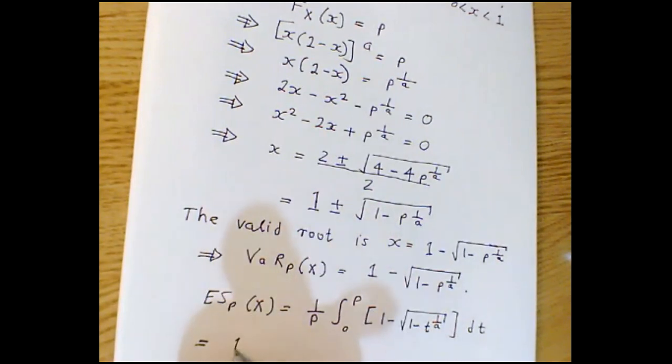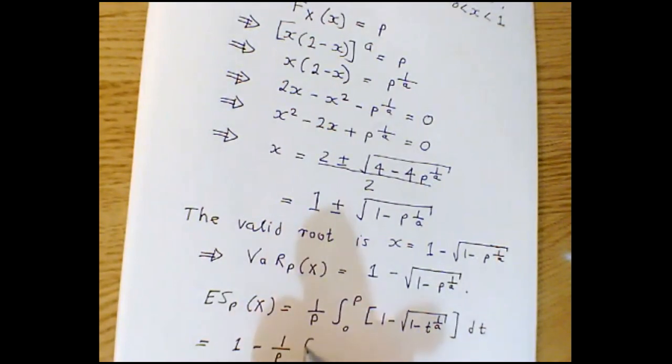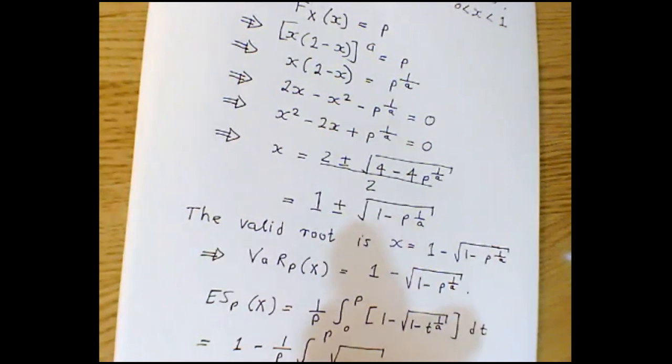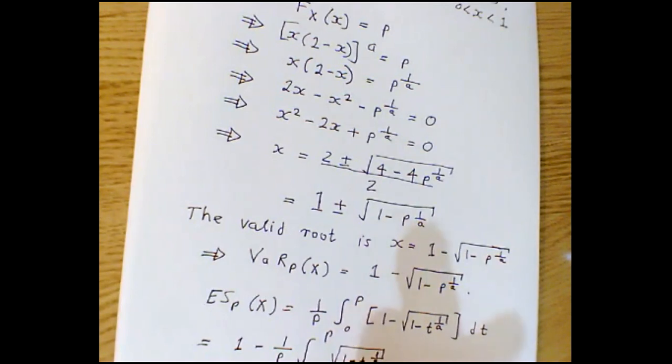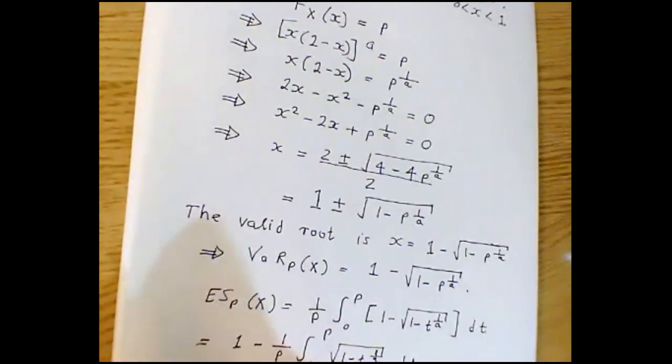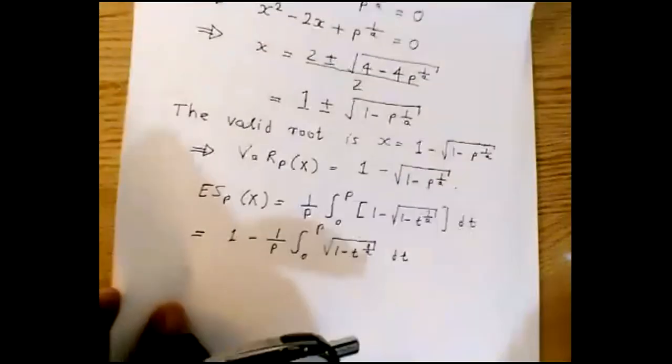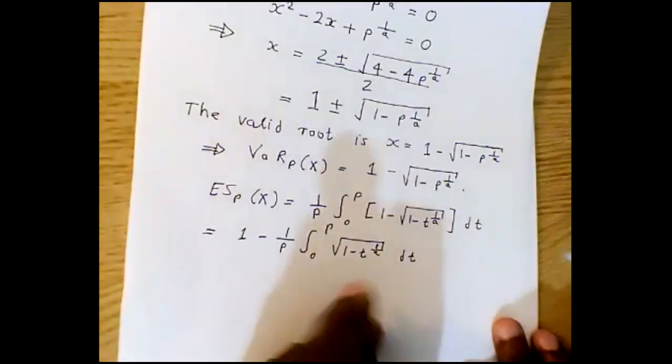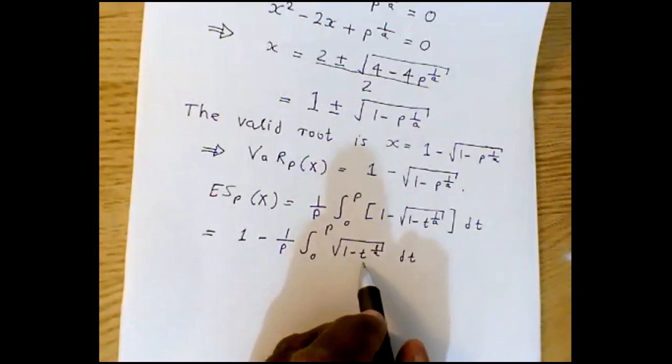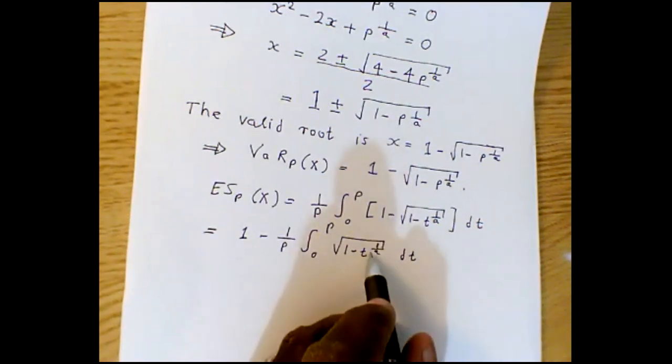So it will be 1 minus 1 over p times the integral from 0 to p of the square root of this dt. Maybe you guys have a better idea, but to do this integration, you need to substitute for this term here, right?